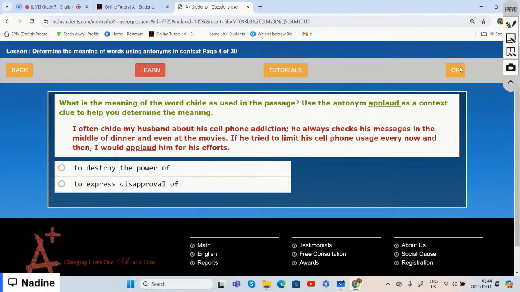So we now need to find the meaning of the word chide. Is it to destroy the power of, or to express disapproval of?